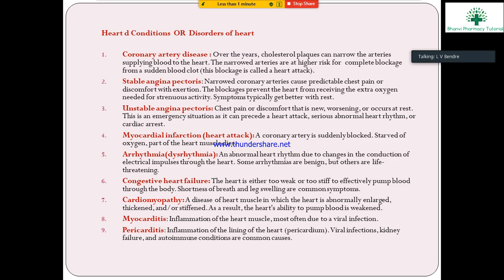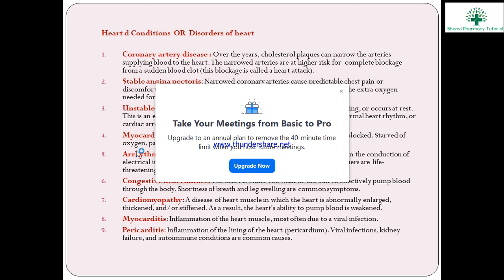Compared to the normal coronary artery, the diameter decreases. The cholesterol flakes can narrow the arteries, so the supply of blood to the heart is very much less than normal. At that time, more pressure is created by the heart.